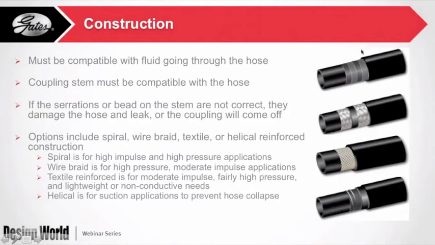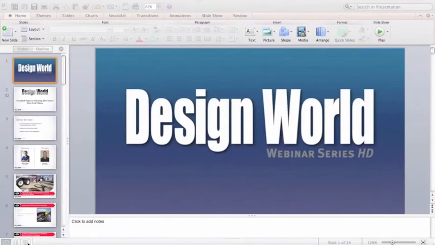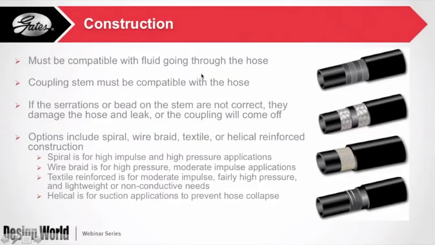So again, spiral construction hose is definitely going to use a very specific coupling made uniquely and specifically for that hose. Wire braid hoses, obviously a little bit less pressure, but still with wire reinforcement, are going to be a higher pressure hose.